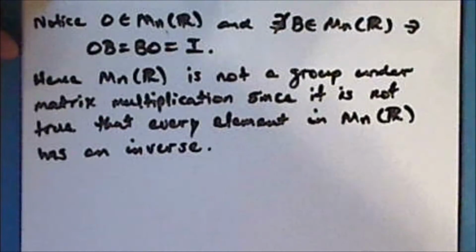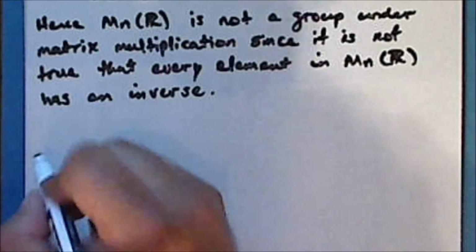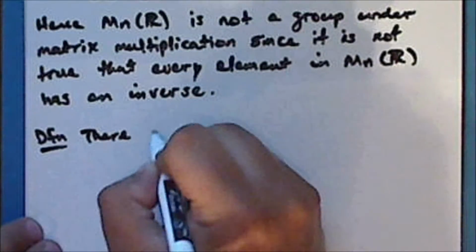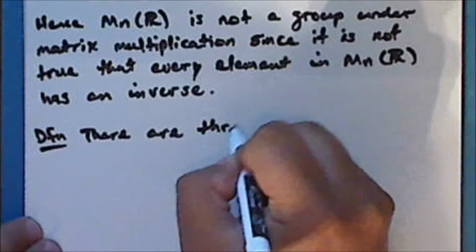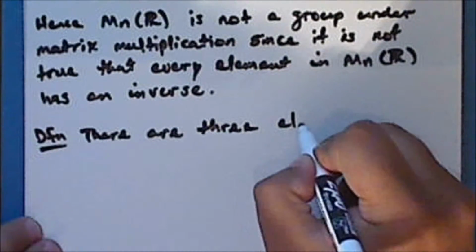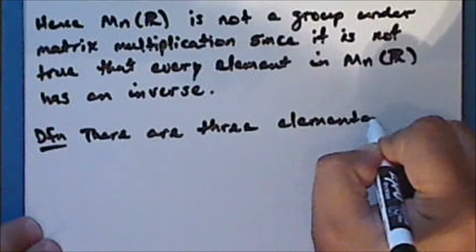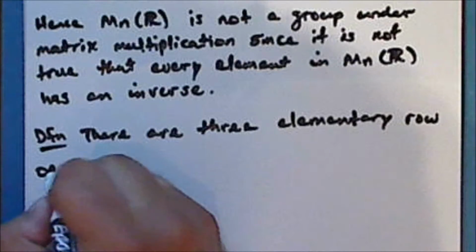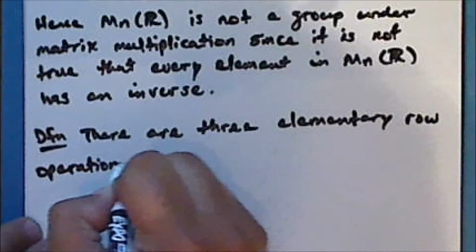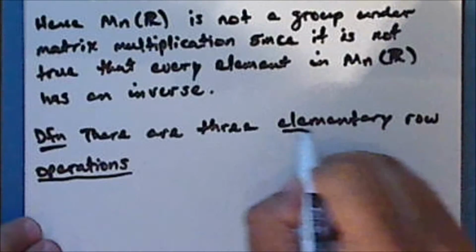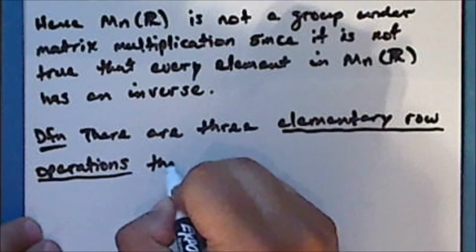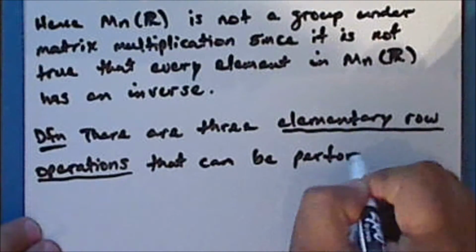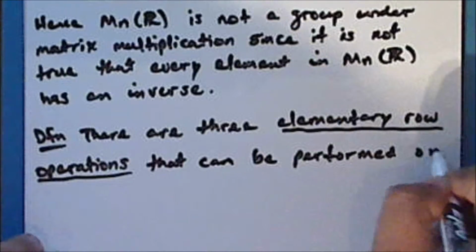Okay, so now we'll start with some new material and we'll begin with a definition. There are three elementary row operations that can be performed on a matrix.